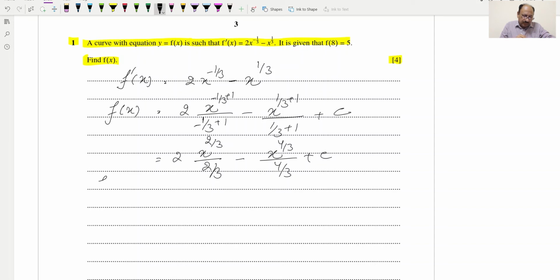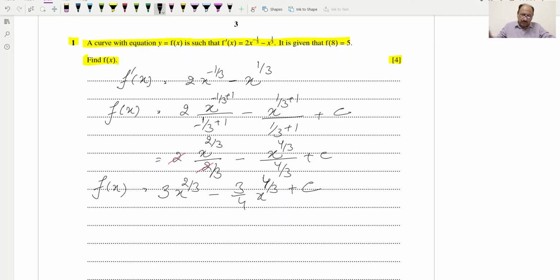And finally we can write f(x) will be equal to, the 2 will be cancelled, and this will become 3x^(2/3) minus 3/4 x^(4/3) plus integral constant c.